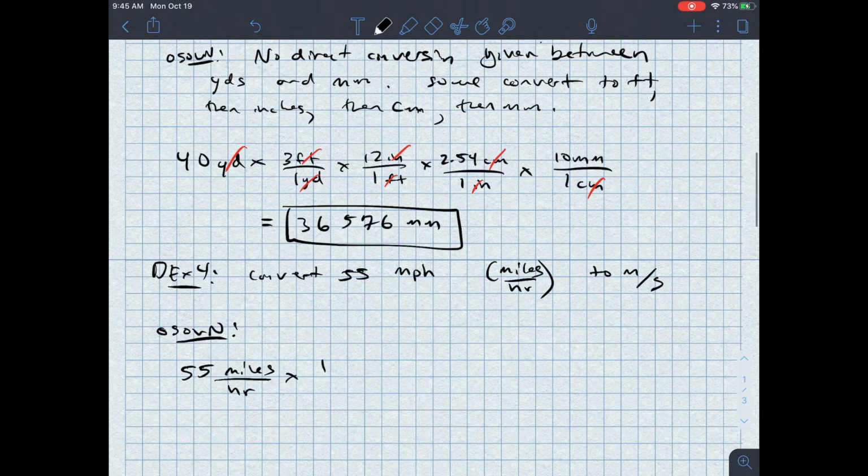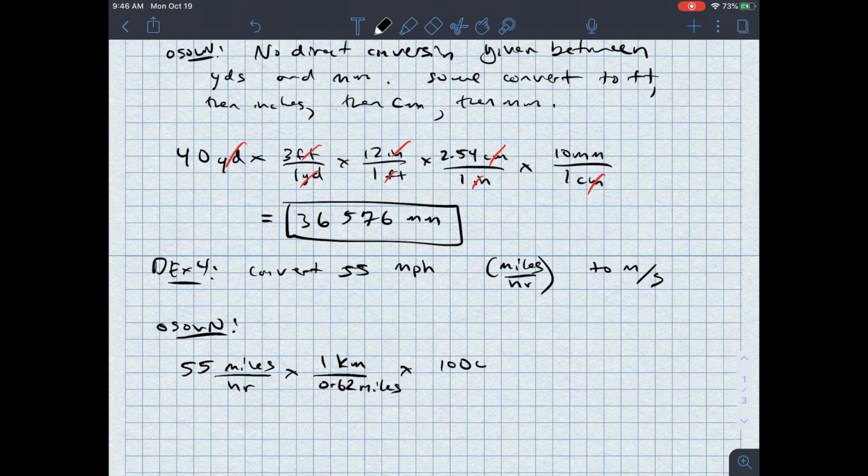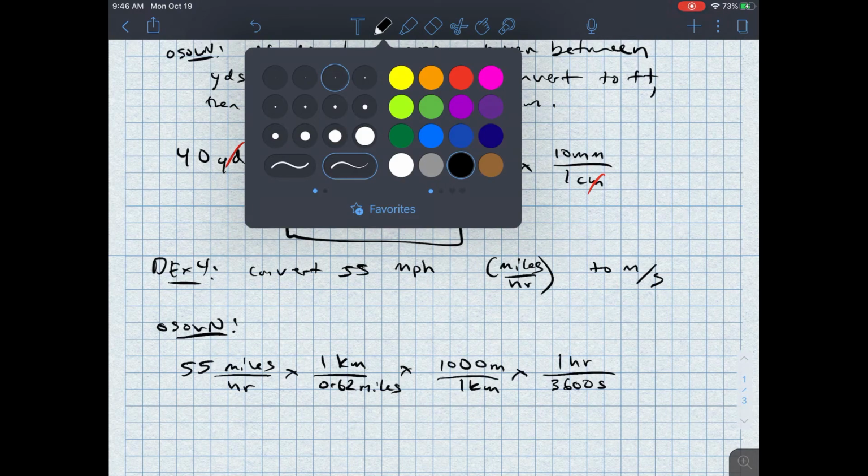Then I'm going to convert the miles first into kilometers. So 1 kilometer is 0.62 miles. Then I'm going to convert the kilometers into meters. So I've got 1,000 meters is 1 kilometer. And then I just need to convert 1 hour into seconds. So 1 hour is 3,600 seconds.